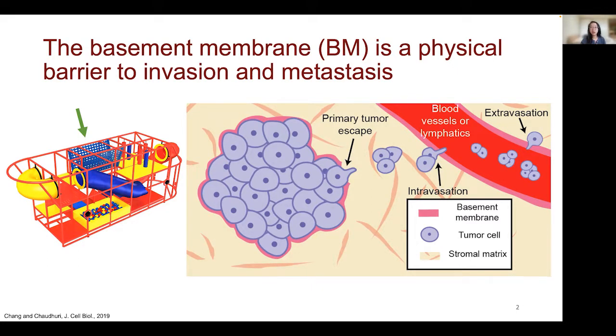So the basement membrane, the BM, is shown here in pink, and it is a meshwork of proteins that form a stiff yet thin barrier that separates the tumor from the extracellular matrix. So normally cells are contained within the basement membrane, but if cells invade through here and escape, they can then enter the bloodstream and spread to the rest of the body.